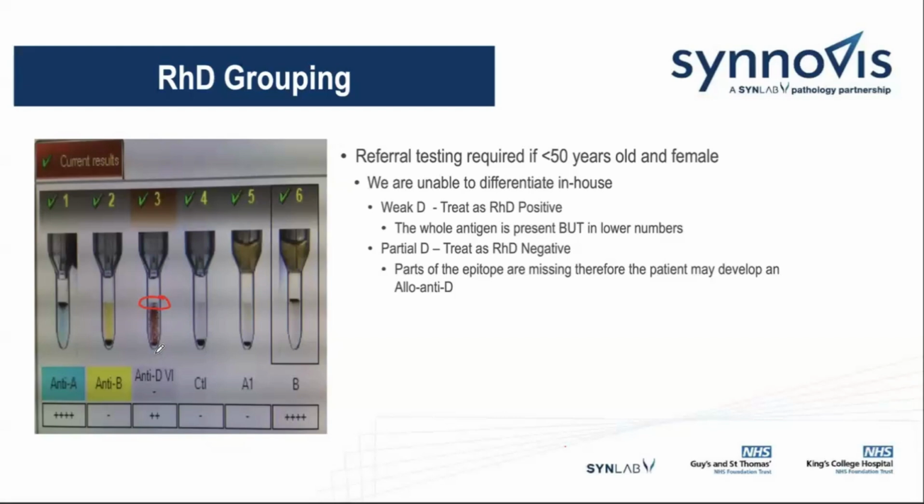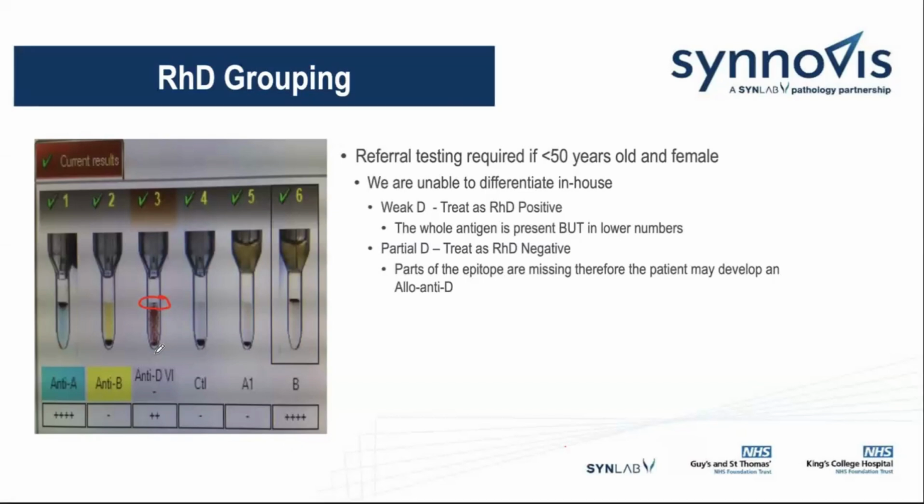So if the sample comes from a lady that is under 50 years of age, we would send this away for referral testing because we'd worry about her antenatal serology depending on her being RHD positive or RHD negative. So we want to differentiate if she's a weak D, where red cells have a reduced number of the D antigen sites, but the D antigen is normal, and we would treat this lady as RHD positive.